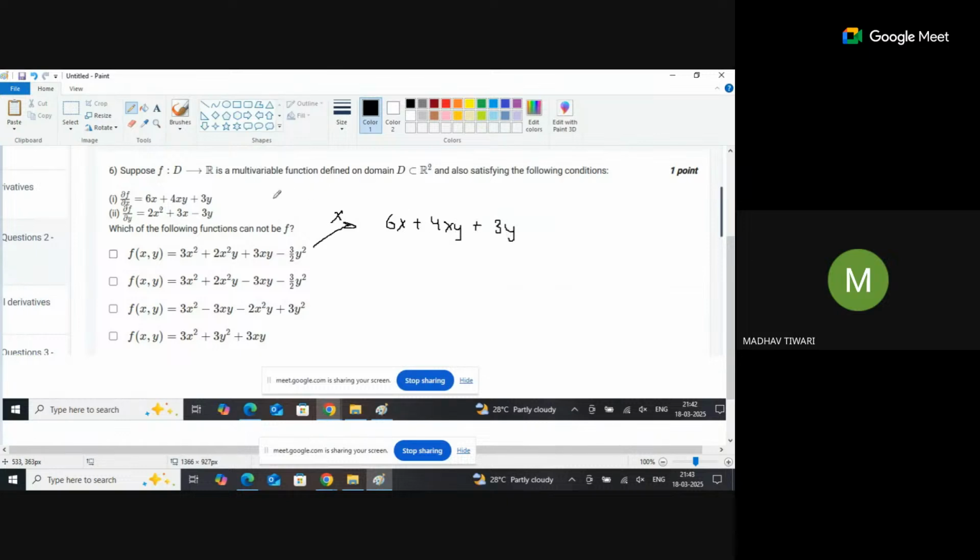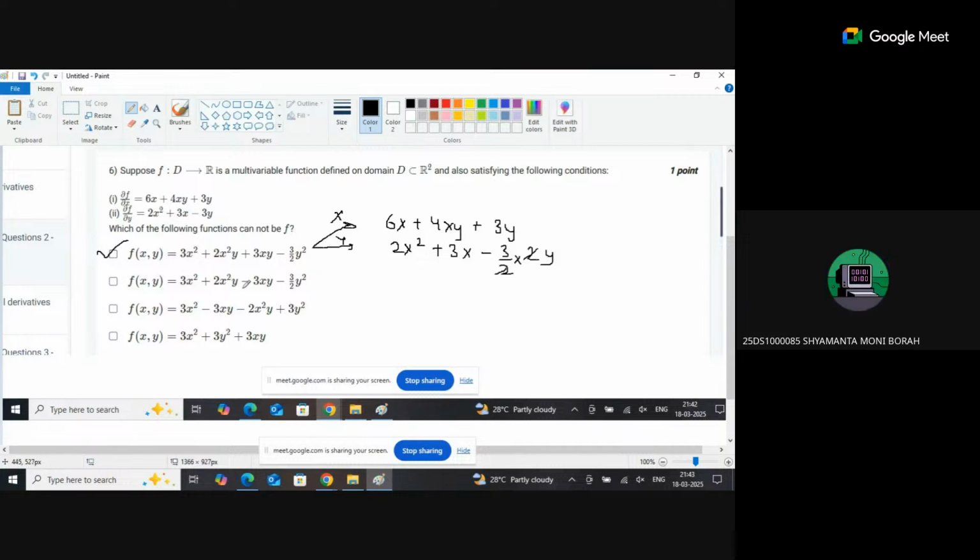Is it matching with this? Yes. Now check it with y. With respect to y, it will be 2x square plus 3x minus 3 by 2 times 2y. So it is 2x square plus 3x minus 3y. So this is correct. Next one.